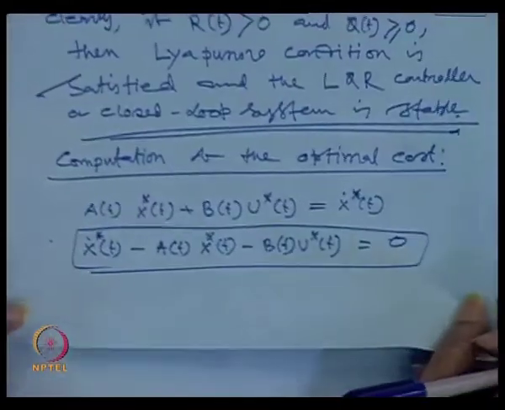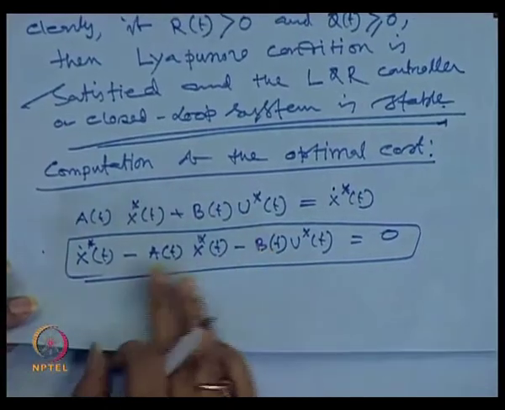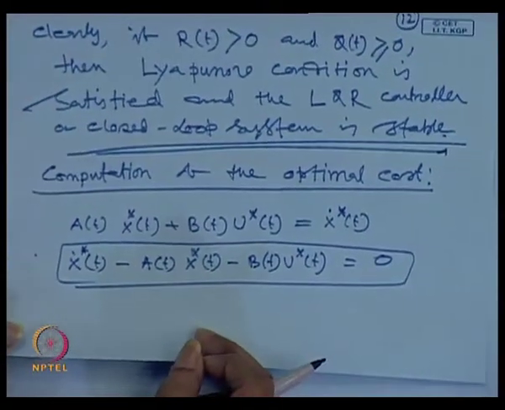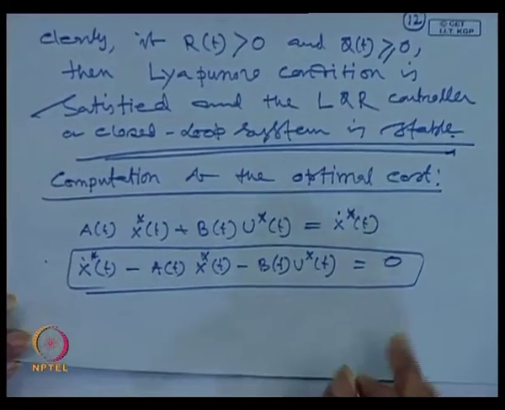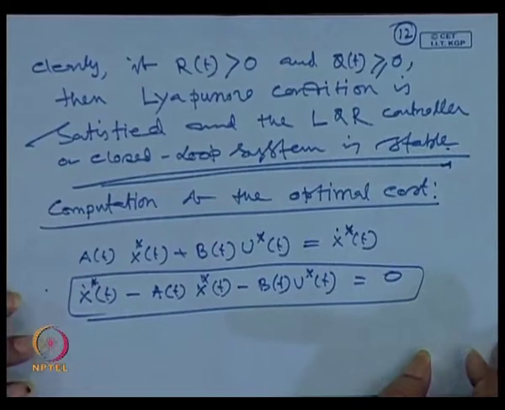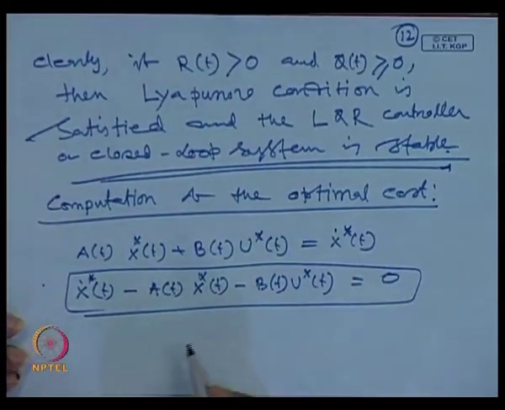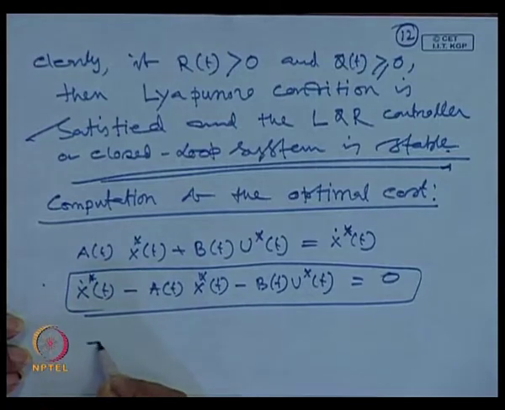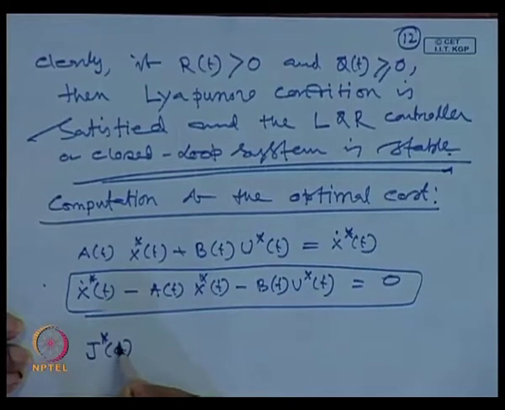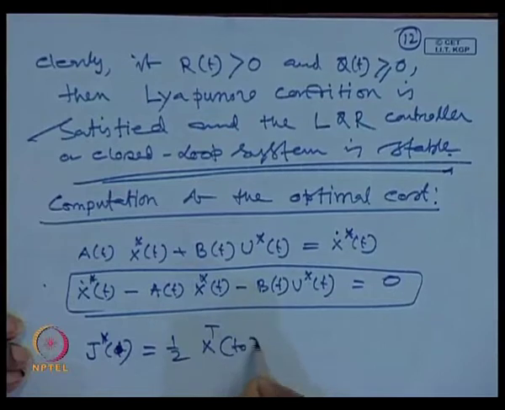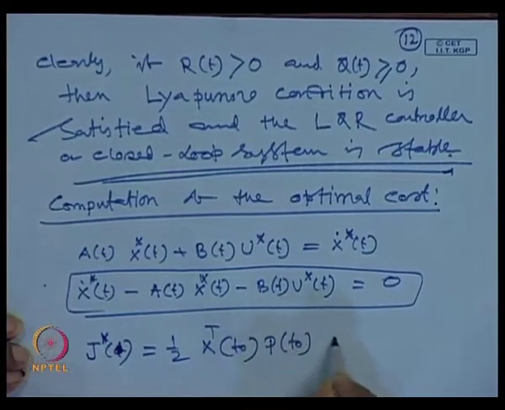Agree? This is our condition. Based on this, we will derive the optimal value of the functional. Agree? And that we will discuss next class: the optimal value of the functional J is equal to half x transpose of t 0 P of t 0 x of t 0. That portion we will derive next class.